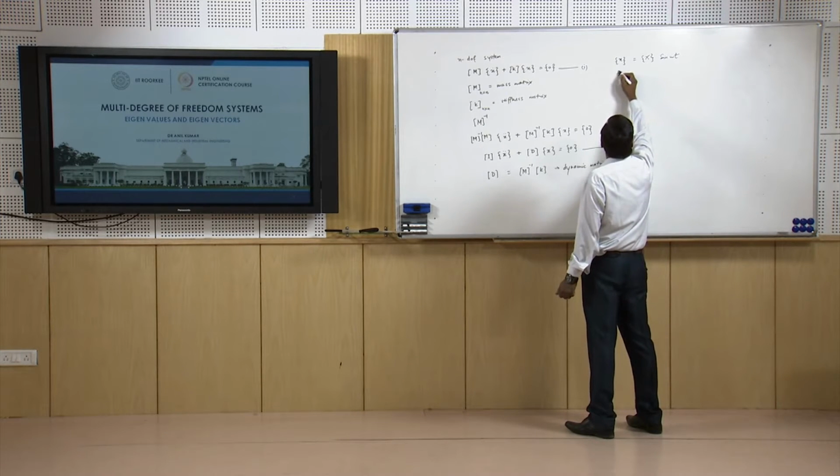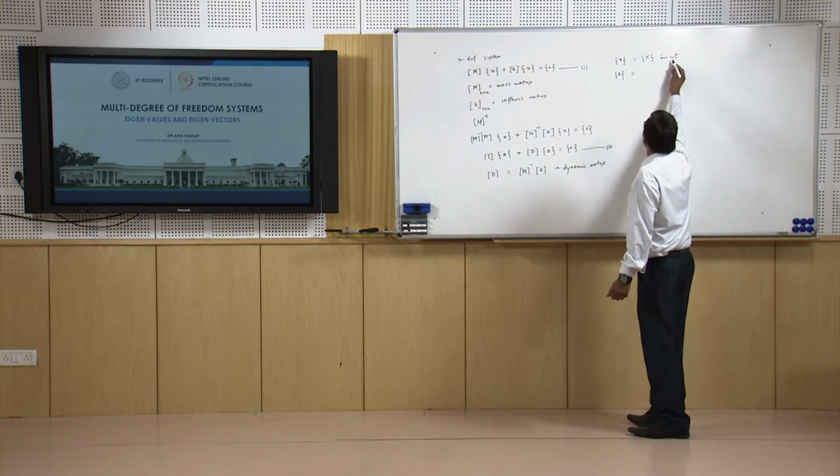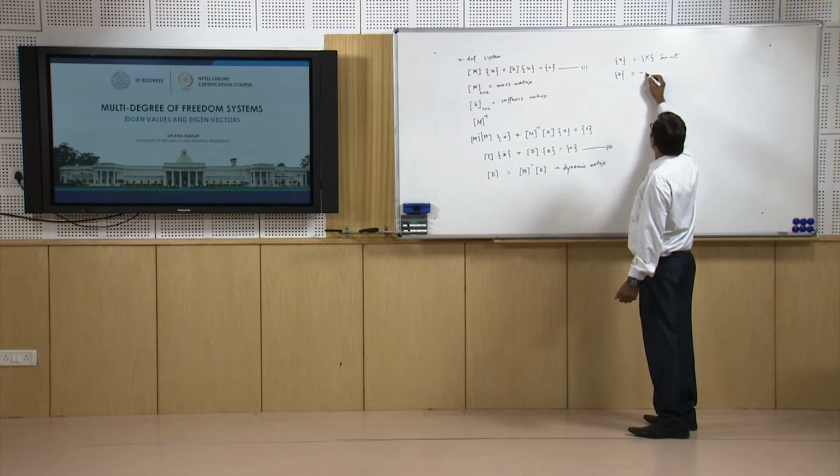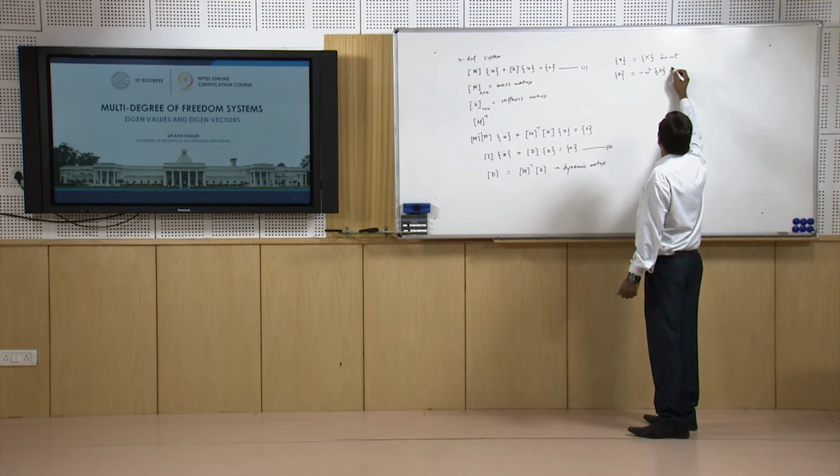So now we will have x double dot equal to minus omega square into the X vector and then sine omega t.